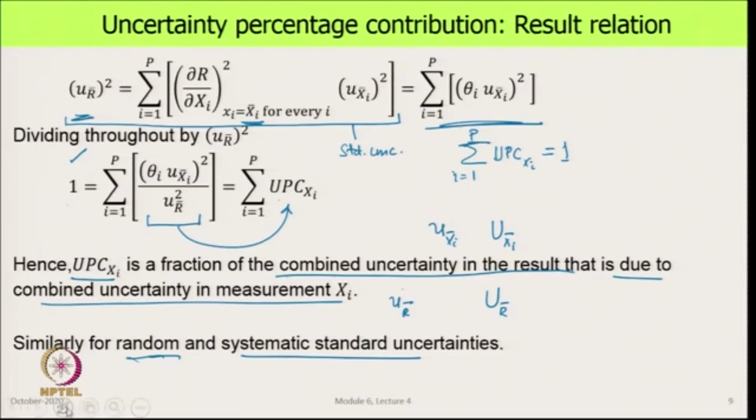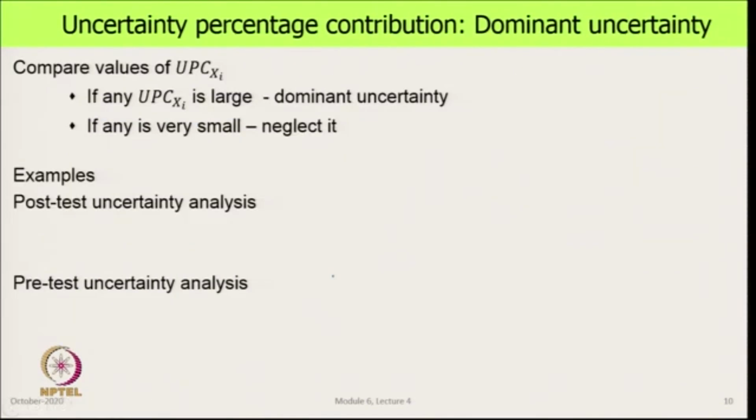Now, let us see how all of this helps us in the uncertainty analysis process. So, what we have is that UPC from x1 plus UPC from x2 plus UPC from x3 and so on, we add up all of them, up to the UPC from the last parameter p, this is 1. And we have all the information required to do these individual calculations.